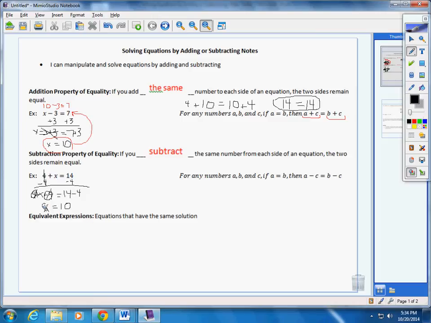But the point of this example is not that x is equal to 10. The point is that you understand that if you subtract a number from one side and you subtract a number from the other side, you still have a true statement, a true equation, because you balanced both sides of it by doing the exact same thing.